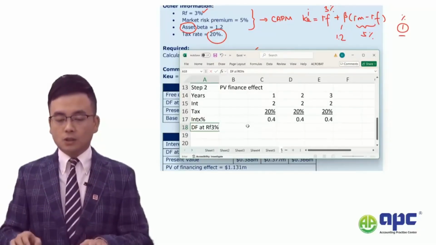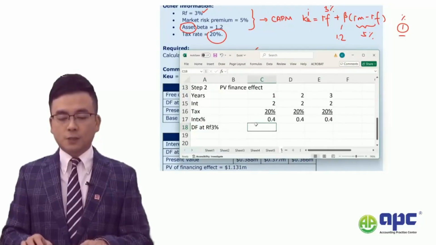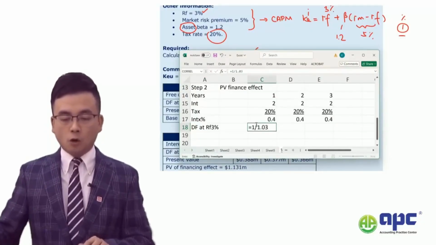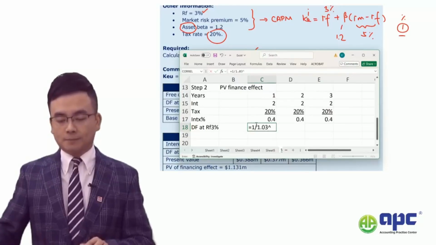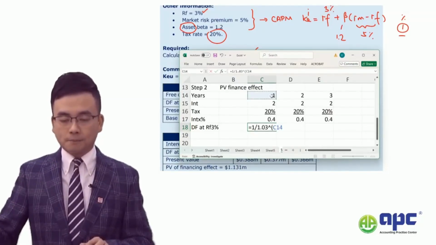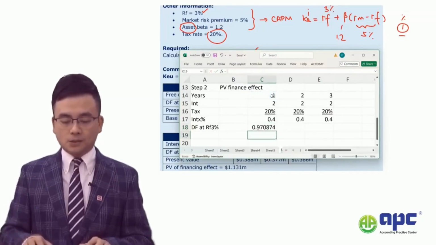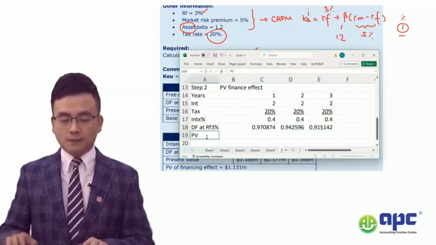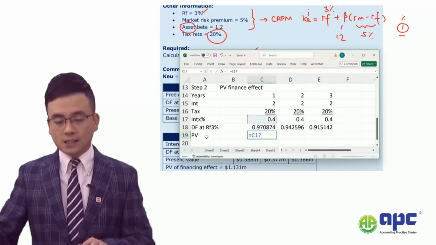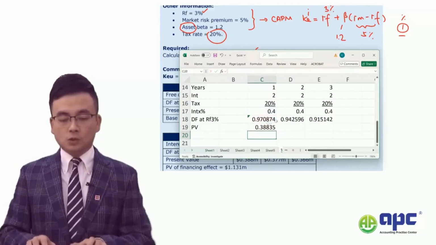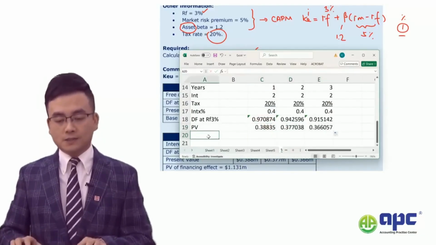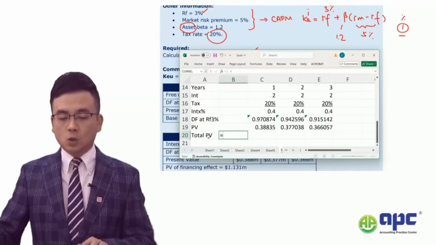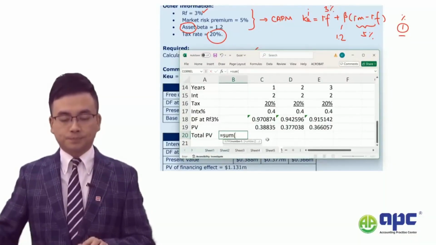So 1 over 1 plus 3%, which means 1.03 to the power of the years that we select. Close the bracket, drag it across. So the present value equals this times that. The total present value of the finance effect equals the sum of all these present values.